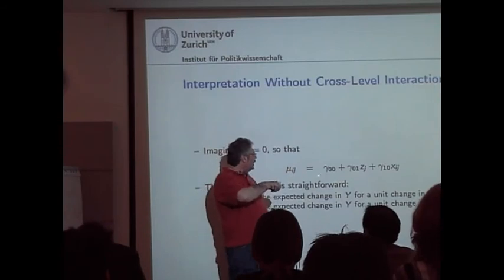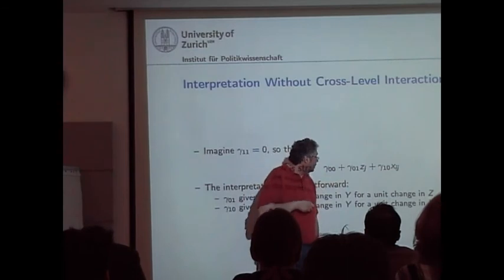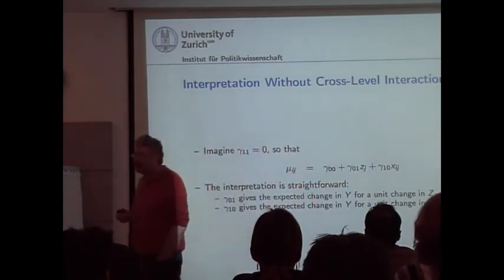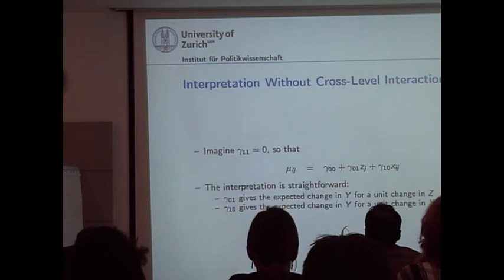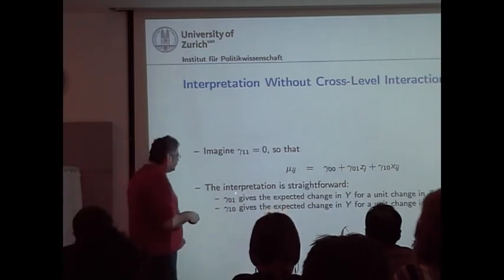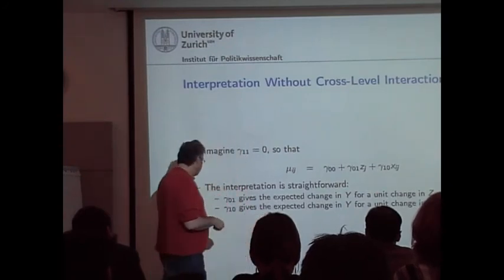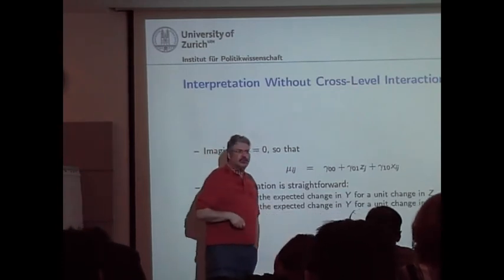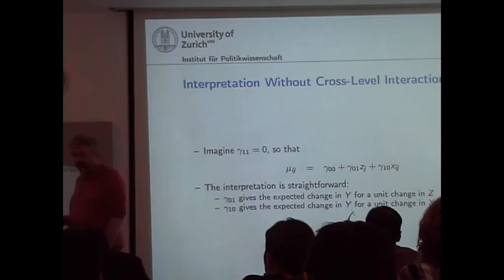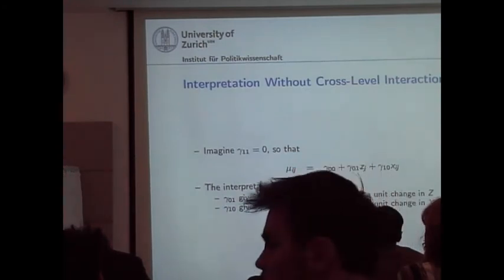The mean of y is equal to gamma 0,0 plus gamma 0,1 zj plus gamma 1,0 xij. Then the interpretation is just like any regression model. Gamma 0,1 gives the expected change in y for a unit change in z. Gamma 1,0 gives the expected change in y for a unit change in x. That's all there is to it. No more complicated than that.